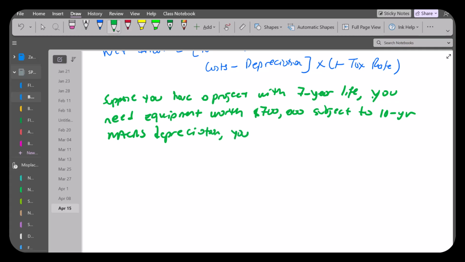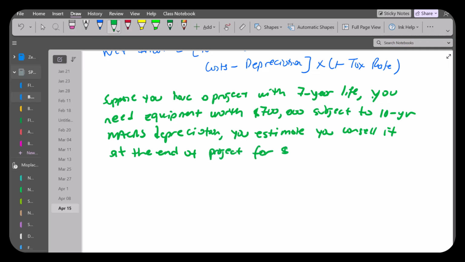You estimate you can sell it at the end of the project for $200,000. You also need $300,000 in net working capital to support the project.